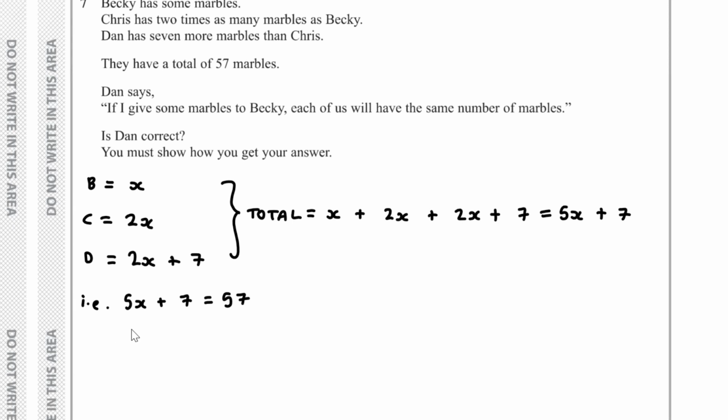So therefore 5x, if we subtract 7 from both sides, this is equal to 50, and therefore x is equal to 10. And knowing that x is equal to 10, we can therefore conclude that Becky has x marbles, so she has 10.